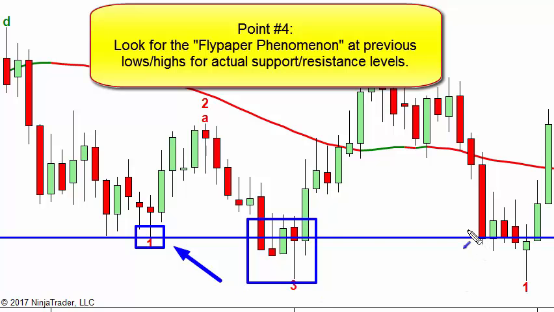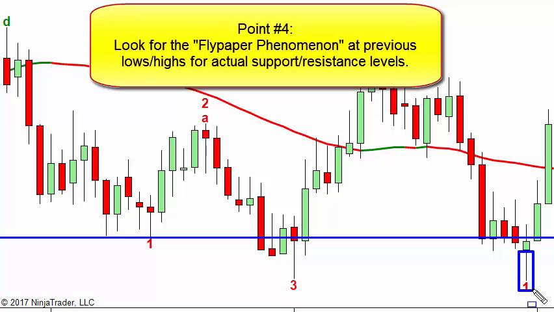Same thing happens over here. So we test it again. We're really testing the same support level. And now, again, we have 1, 2, 3, 4, 5, 6 bars that all touch that level. And then again, let me take that off just to make this extra last point here. We have this long wick that comes down here.